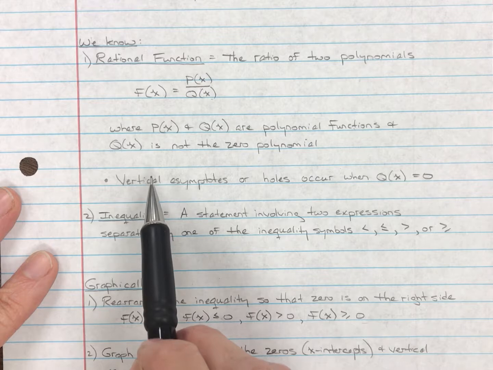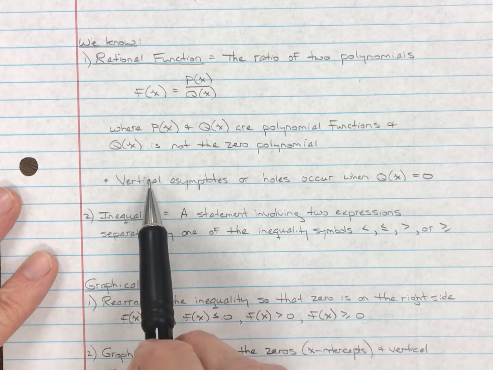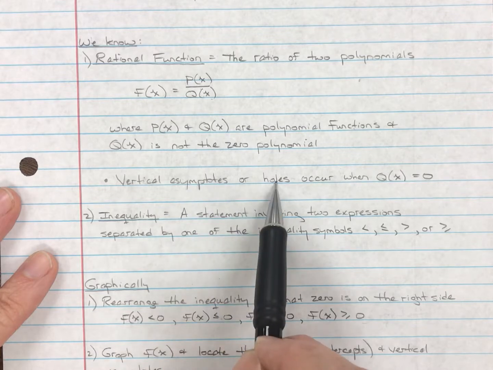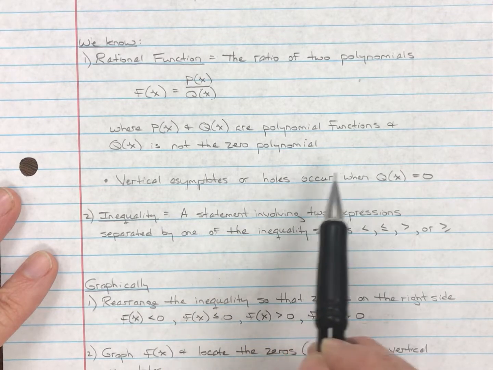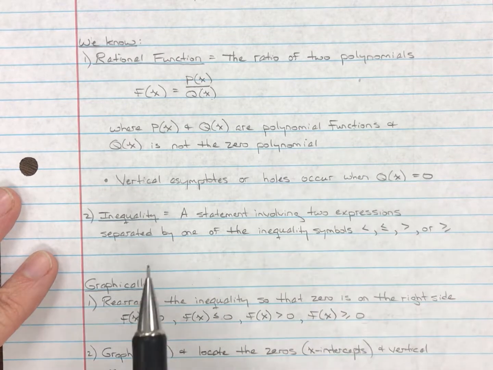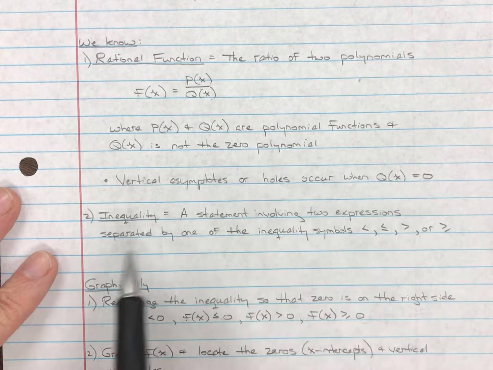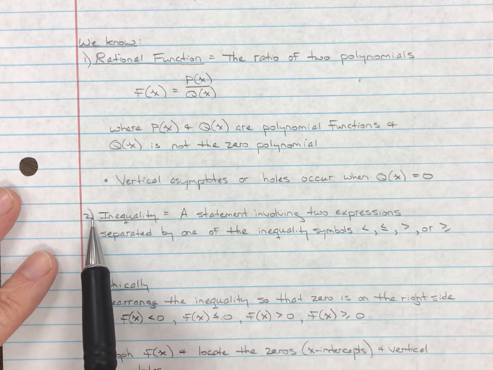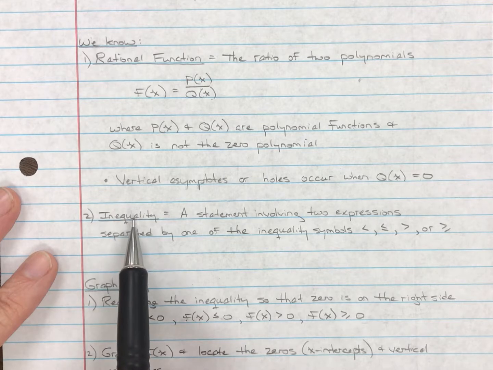We also want to recall from past video lectures that vertical asymptotes or holes occur when q of x equals 0.